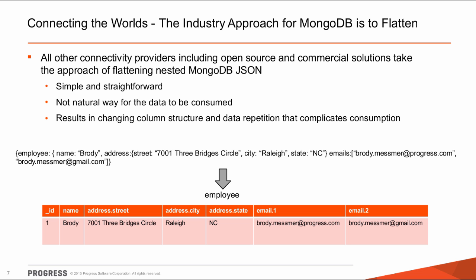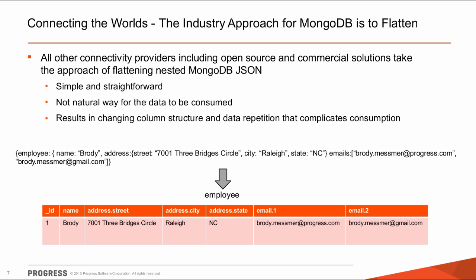But all of these solutions currently in the market take the approach of flattening the data that's in JSON stored in MongoDB. And that's simple and it's straightforward, but it's really not the natural way that a relational application or a standards-based application wants to see that data. So what do we mean by flattening? Let's just look at this example here in this slide.